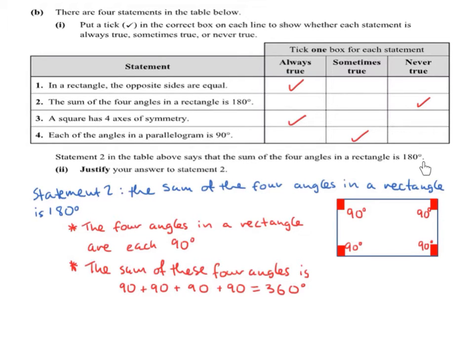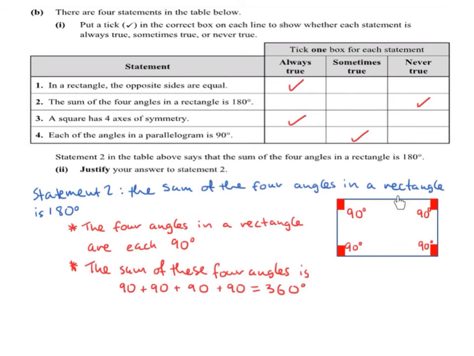So statement 2 in the table above says that the sum of the four angles in a rectangle is 180 degrees. And we ticked this to be never true. We need to justify our answer, so explain our answer. This is never true. And the reason for that is the four angles in a rectangle are each 90 degrees.